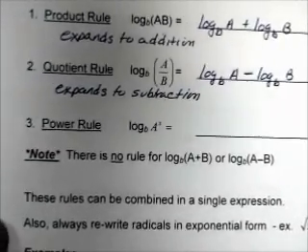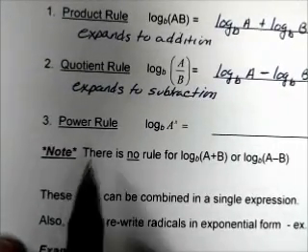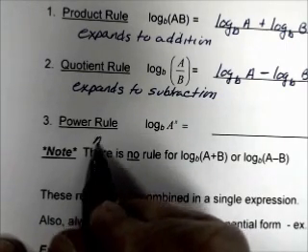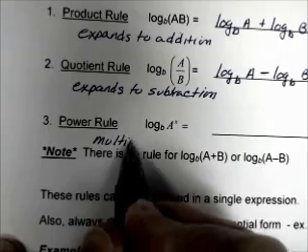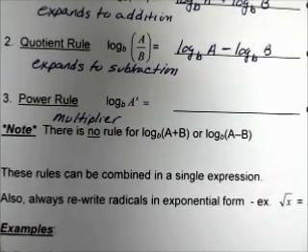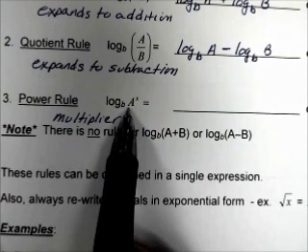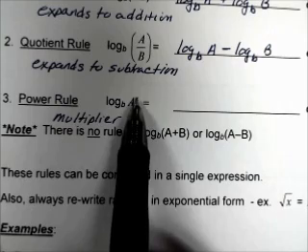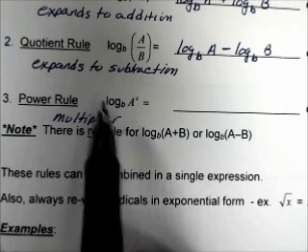And if you have a power, the power rule, a power goes to a multiplier. We have log base b of a to the x, the power x. So what happens is that power x comes out in front as a multiplier.